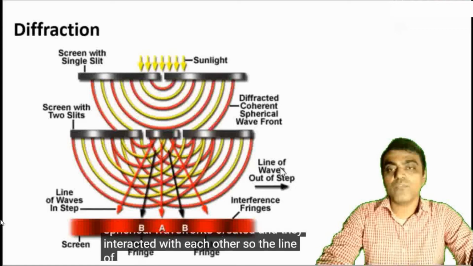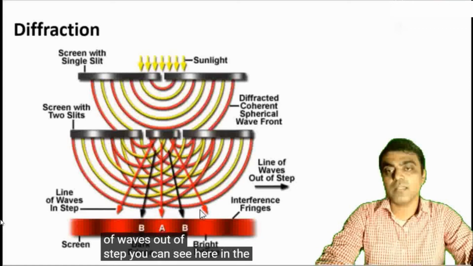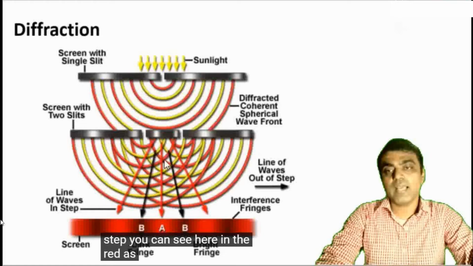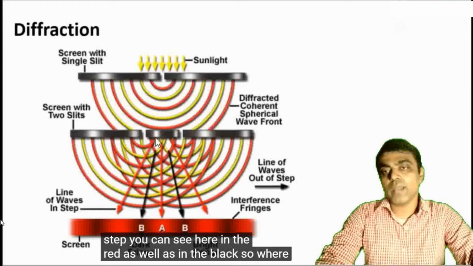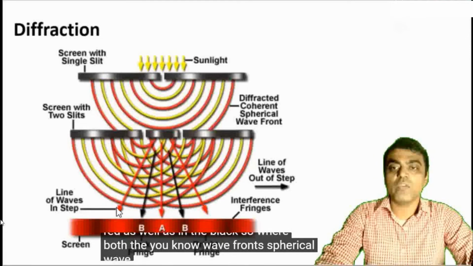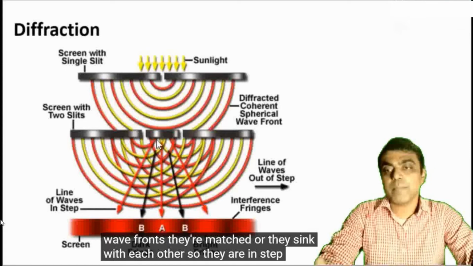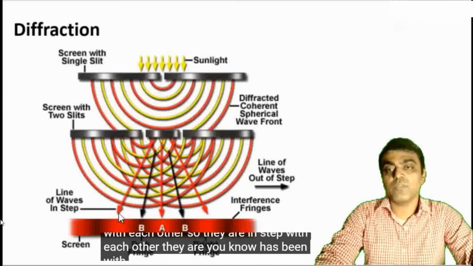The lines of waves out of step, you can see here in the red as well as in the black. Where both spherical wave fronts match or sync with each other, they are in step with each other, and that has been shown with the red color.